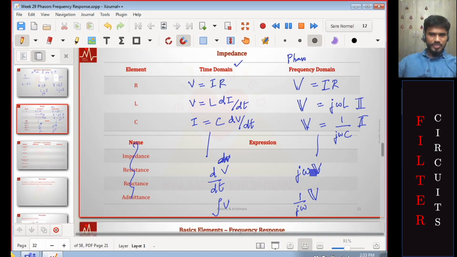Or notice, if you know Laplace transform, derivatives can be converted into simple algebraic expressions. Instead of s, we have j omega. Again, integrals can be converted into algebraic expressions. It's a very special case of Laplace transform, specifically the Fourier transform.